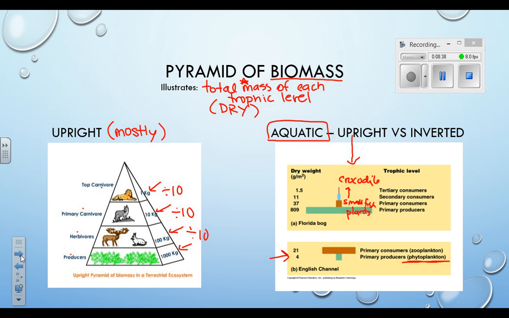So even though there are many of these, and I could draw a pyramid of numbers, and the base would be humongous, if I only consider their mass it is basically nothing. Zooplankton are different. Zooplankton are not made up of almost 100% water. So this is a really specific example of an inverted pyramid of biomass. The inverted pyramid of biomass does not happen often.